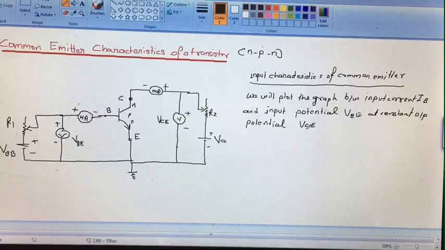That means the graph plotted between base current and base emitter voltage at constant collector emitter voltage is known as the input characteristic for a common emitter transistor.